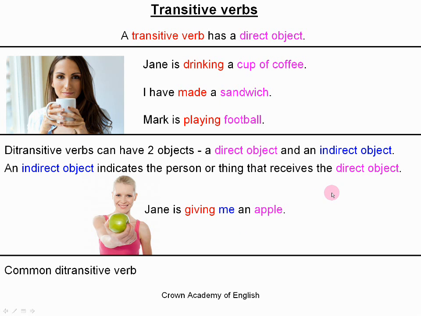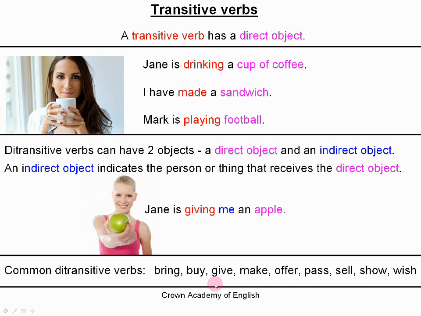And common examples of ditransitive verbs: bring, buy, give, make, offer, pass, sell, show, and wish. Of course, there are many others. And I will give you one example with the verb buy.